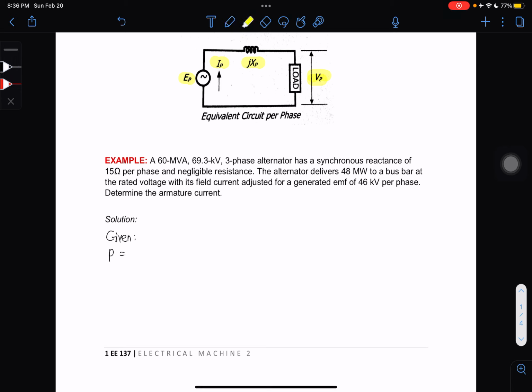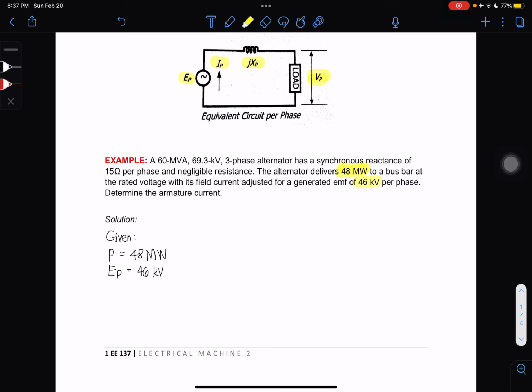We have here 48 megawatts. And we have also our EP, the induced voltage. We have 46 kilovolts.